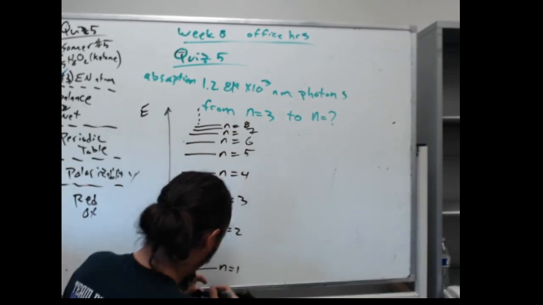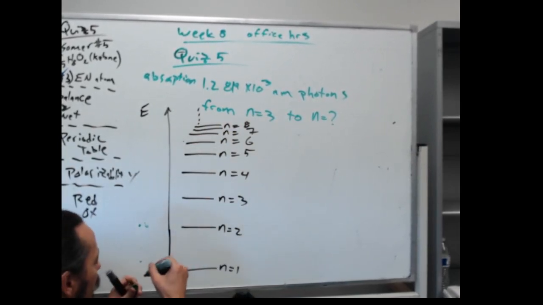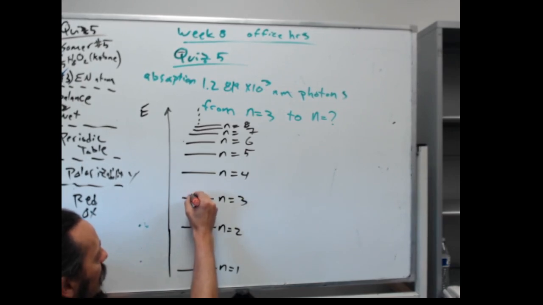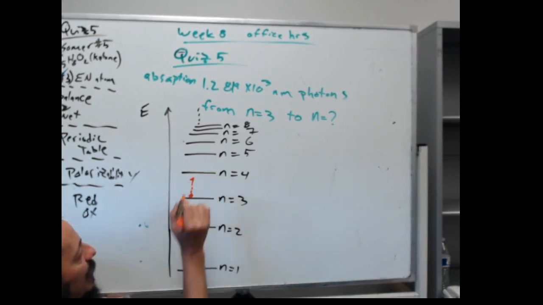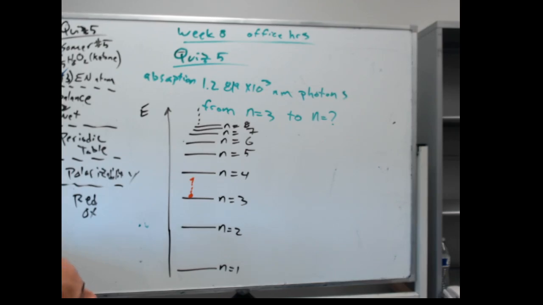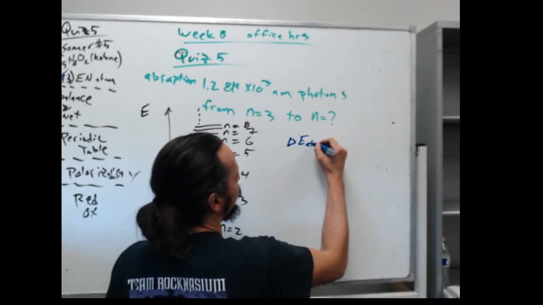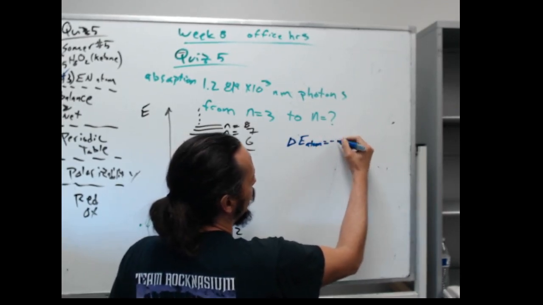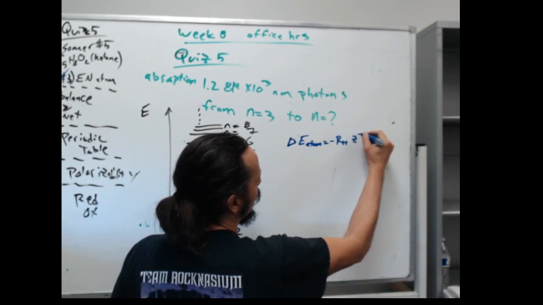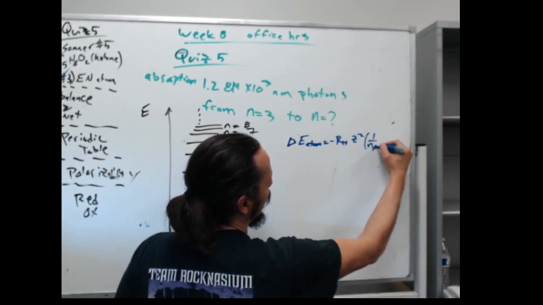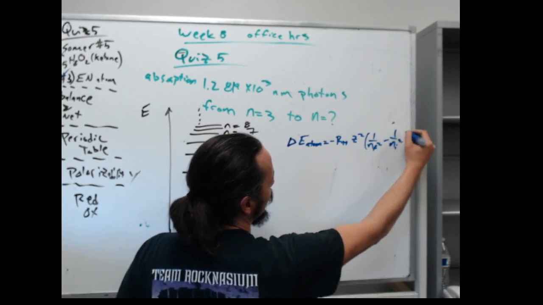It keeps going. Now, this is going to start at n equals 3, and it's going to be absorption. So I know it's going to be going up, but I don't know how far. It depends on the energy of that photon, but I know it's going to be absorption. Now, as soon as I see it's asking for 2 n values, my brain goes, whose equation? It's going to be the Rydberg equation. So the change in energy of the atom is equal to negative R_H Z squared times 1 over n final squared minus 1 over n initial squared.